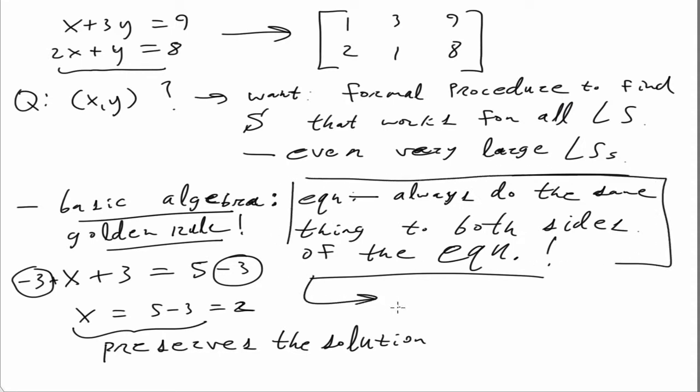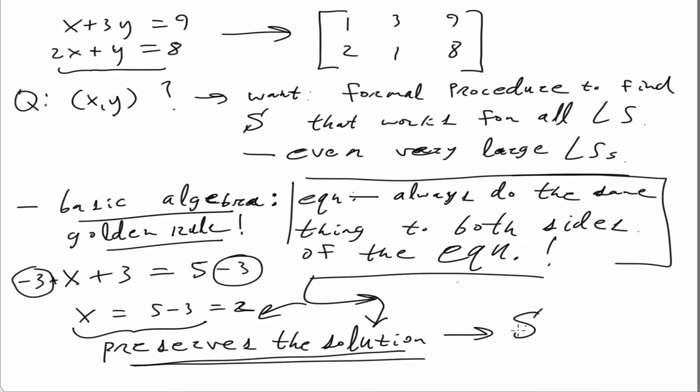I'm going to write this down: it actually preserves the solution. So provided I do the same thing to both sides of an equation, it preserves the solution. In our other notation, S, our set of solutions, won't change.